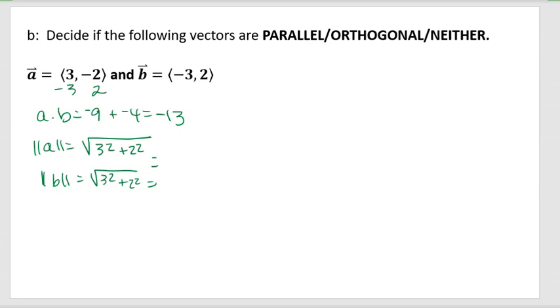We got the same thing both times. 3 squared is 9, 2 squared is 4, so this is 13, and this is 13. That means I have cosine inverse of -13 over square root of 13 times square root of 13, which is just 13.